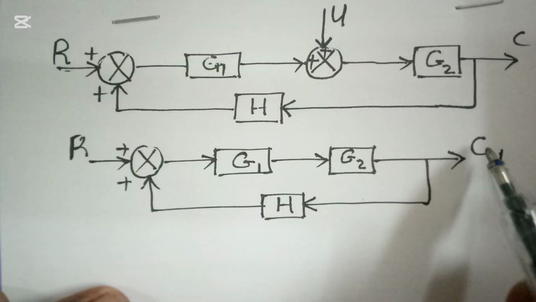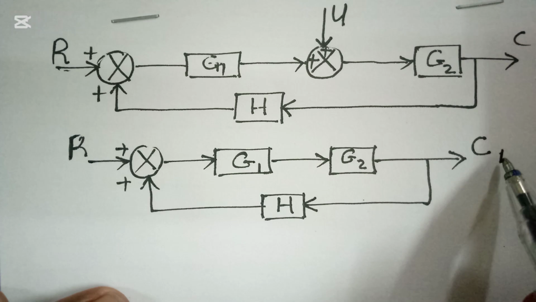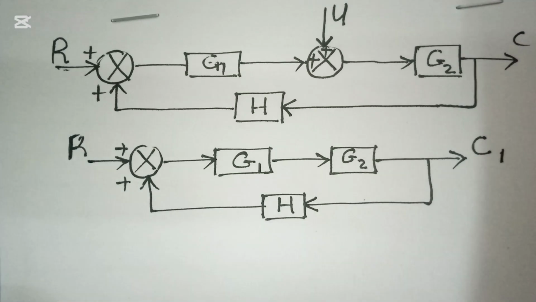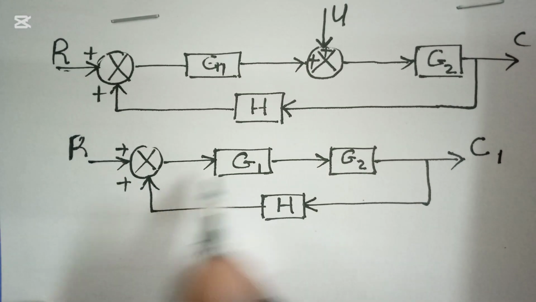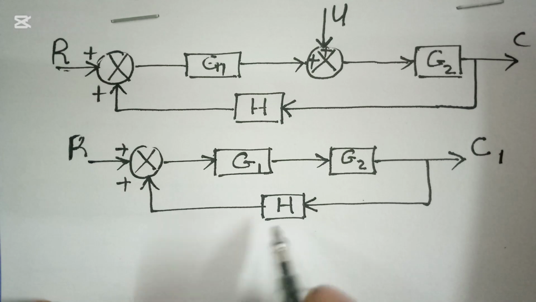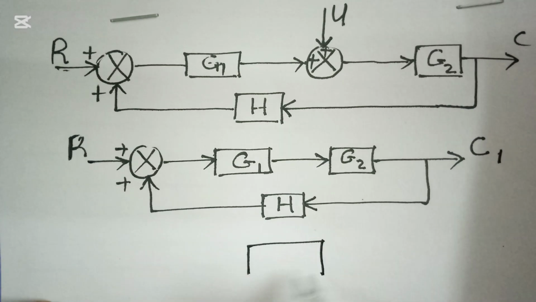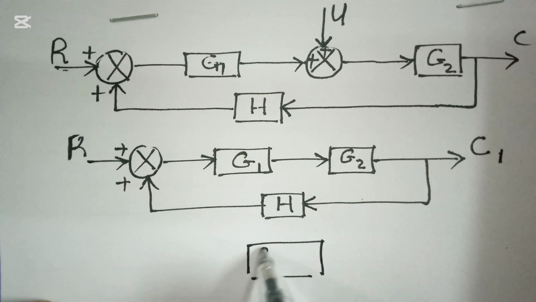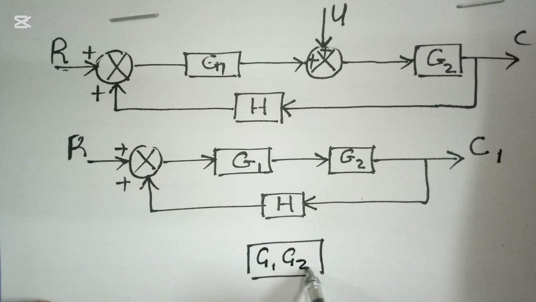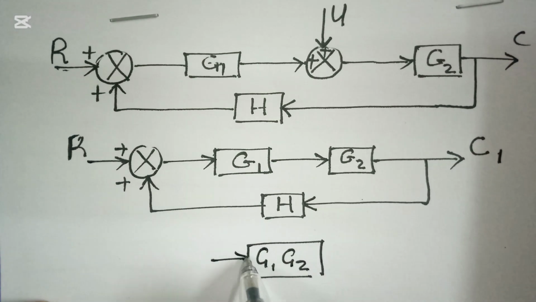And so therefore, I'm going to get C1 first. So I combine the blocks. If I combine the blocks, I shall have G1, G2 there, because they are blocks in cascade.